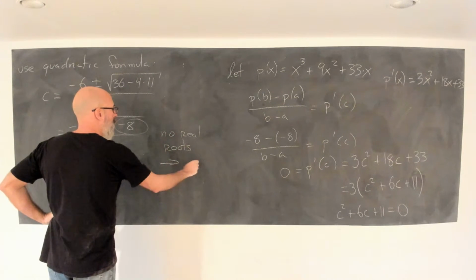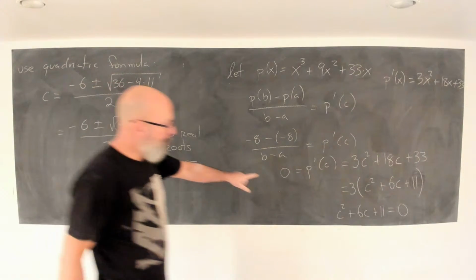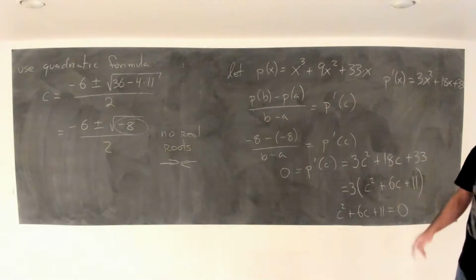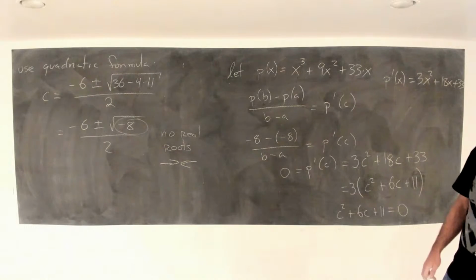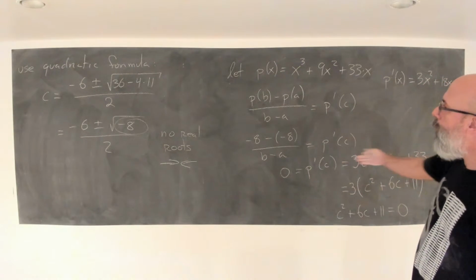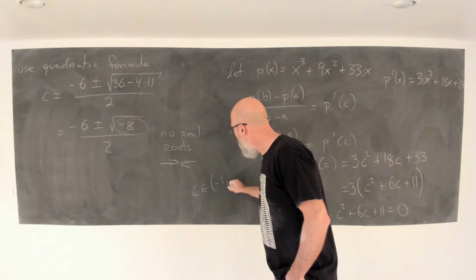which is a contradiction because the mean value theorem guaranteed the existence of a point C where the derivative was 0. Not only of a point C, but a point C in the interval (-1, 0).